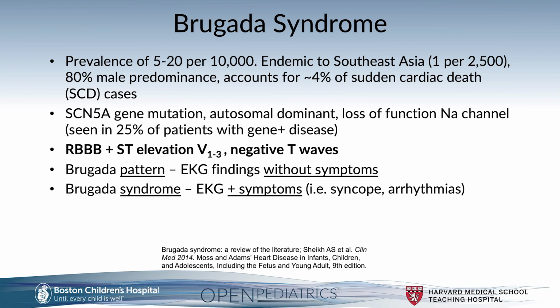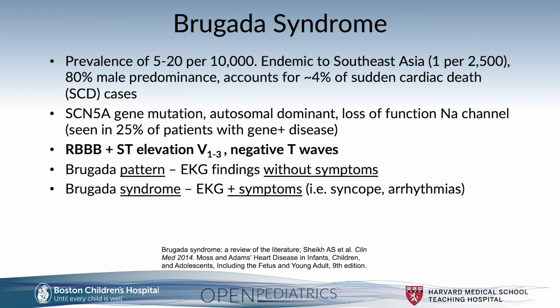Now, that aspect of it being a loss of function of that sodium ion channel becomes important as an indicating factor when you're reviewing and understanding how Brugada syndrome can be brought about by drugs, and how it's different from a different gene mutation in SCN5A that results in a gain of function mutation that results in long QT syndrome, which is discussed in a separate channelopathy lecture. But for Brugada syndrome, this is due to a loss of function in the SCN5A sodium channel gene.